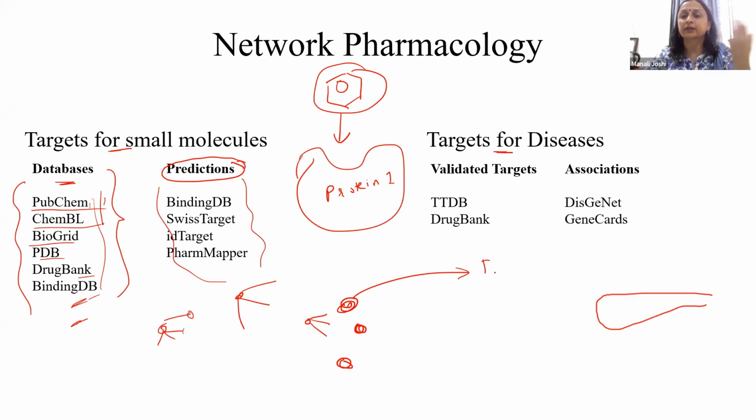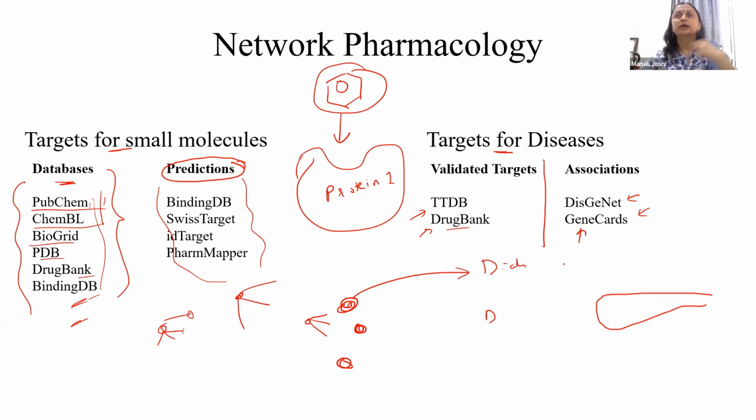Similarly, once you identify a bunch of proteins and you want to say whether it is really involved in diabetes or digestive disorders, again, there are two types. One is that there are validated targets for diseases, which you can find in a couple of different databases like the Therapeutic Target Database or DrugBank. Or there are literature associations where, through literature mining, people have said that this target is associated with this disease.